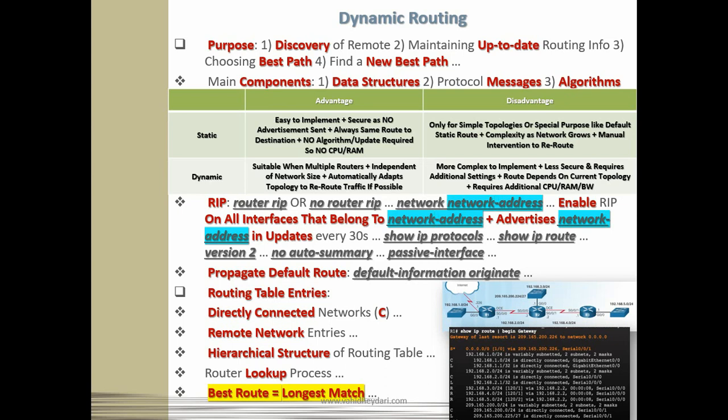One very important point about RIP updates is the fact that RIP updates are forwarded out all RIP-enabled interfaces by default. As I previously mentioned, when you issue the network command, it enables RIP on all interfaces that belong to that given network address.